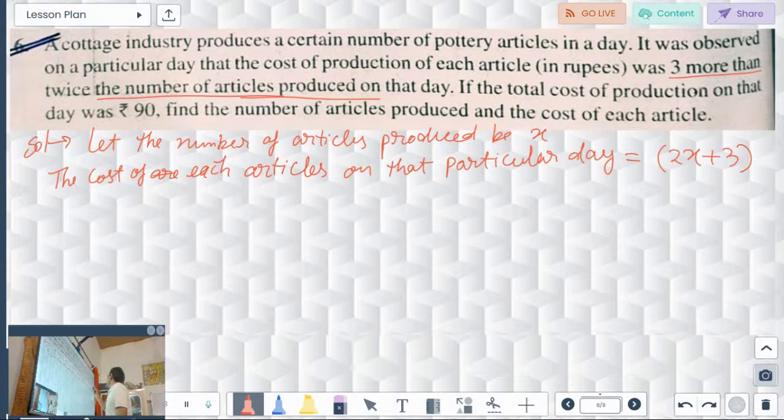Okay, articles produced is x, so 2x plus 3. Then the total cost of the articles.